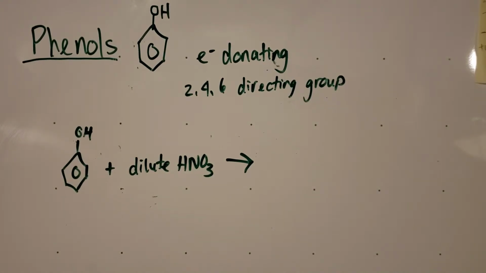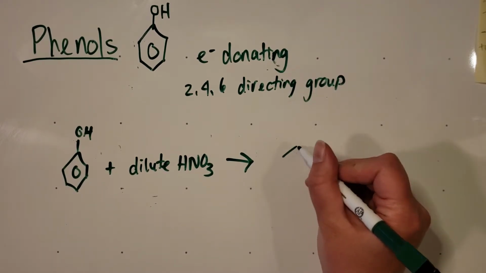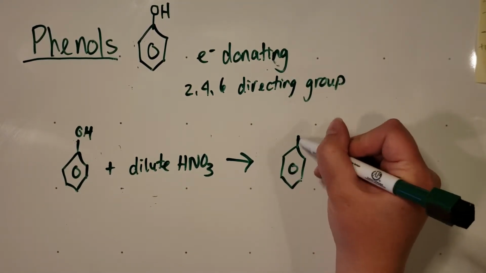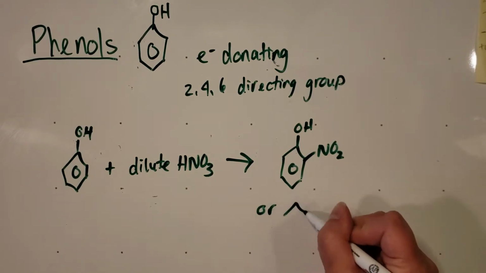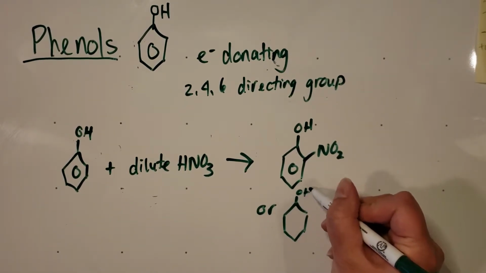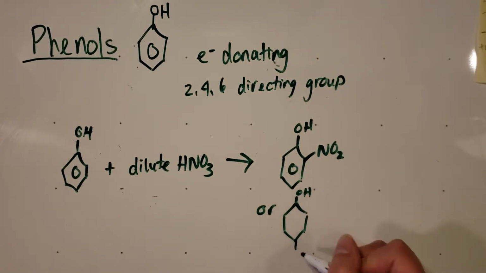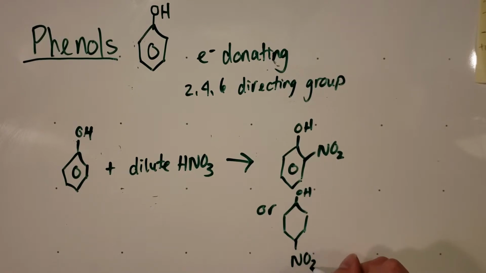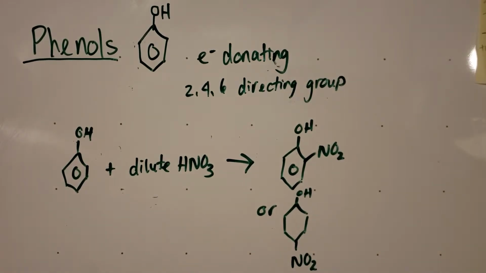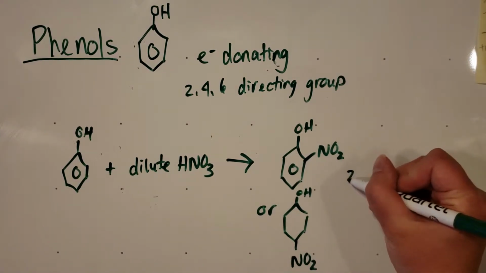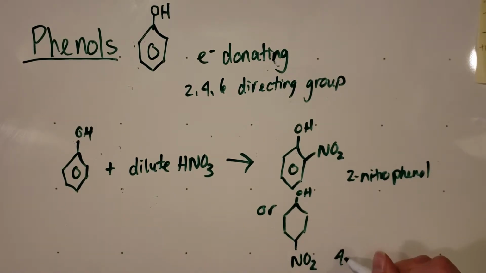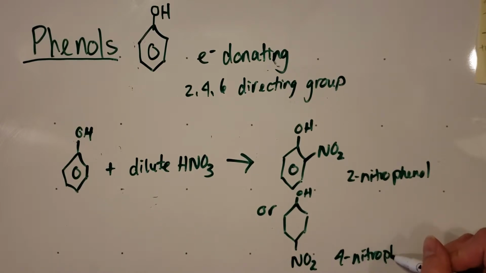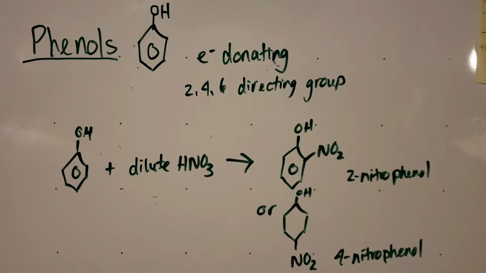This is going to add our nitro group, and it being 2,4,6 directing, you can get your NO2 added there, in the second position or the fourth position. If we look at the names of these, this would be 2-nitrophenol, and this would be your 4-nitrophenol. So that is adding our nitro group.